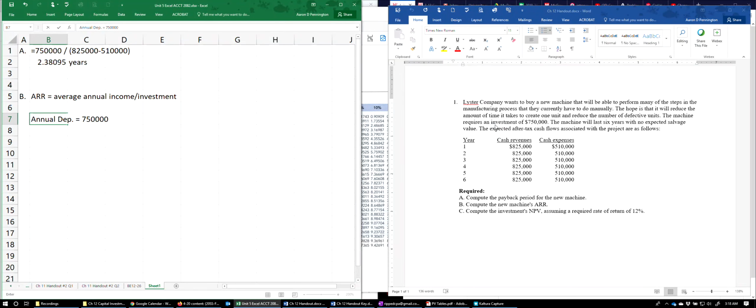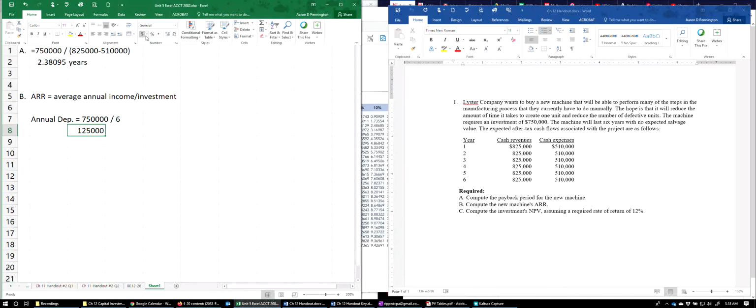It's a 6-year asset. So annual depreciation is going to be $125,000, and that is part of average annual income, even though it is technically a non-cash expense.